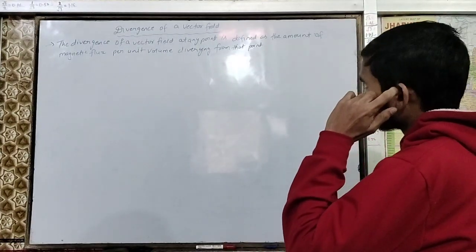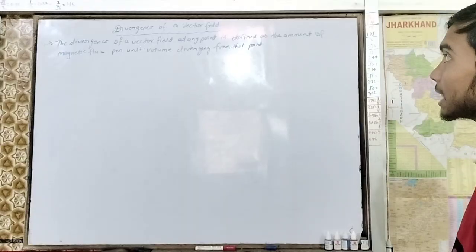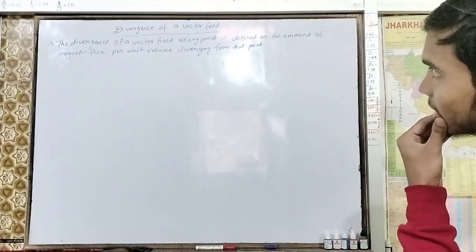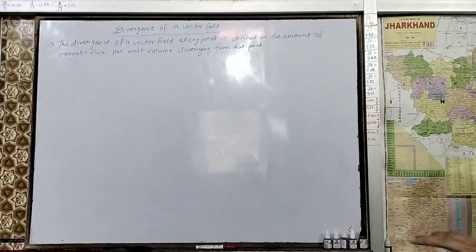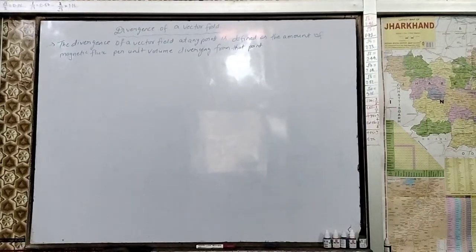Per volume, how much magnetic flux is diverging from that point. We will take one point, and at that point in a vector field, how much magnetic flux is diverging. That is what we get from the divergence of a vector field.